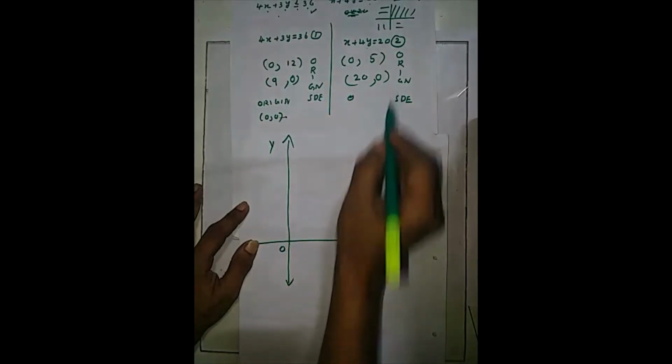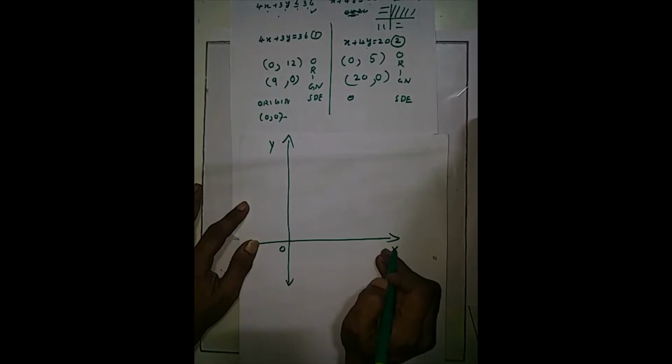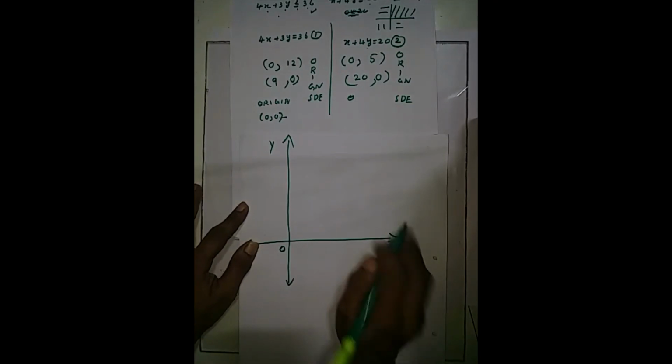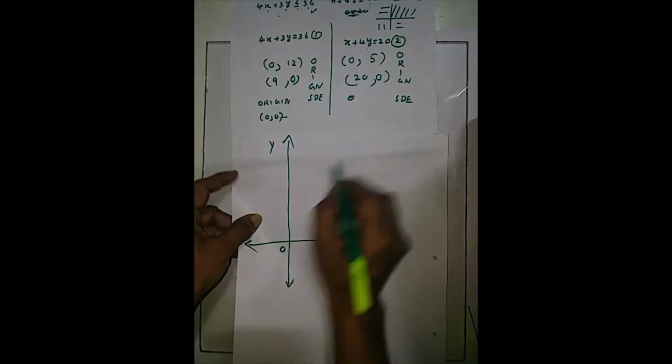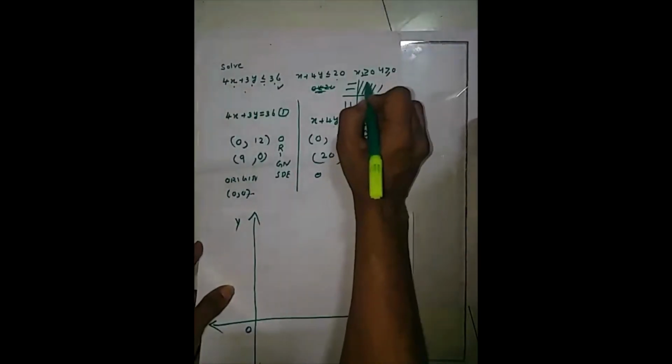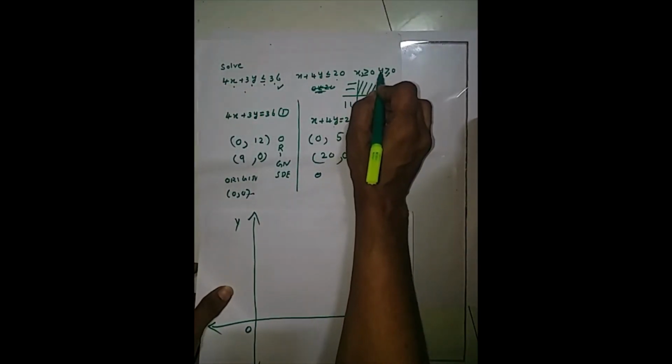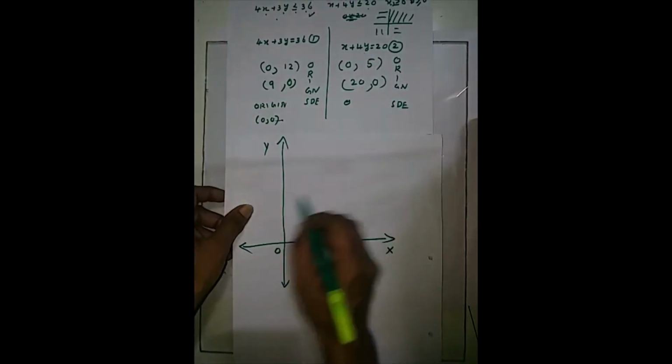Only positive values are there. We require only these two lines. The shaded portion will be only in this first quadrant because x and y are given as positive. In our LPP, the shaded portion will always be in the first quadrant only.